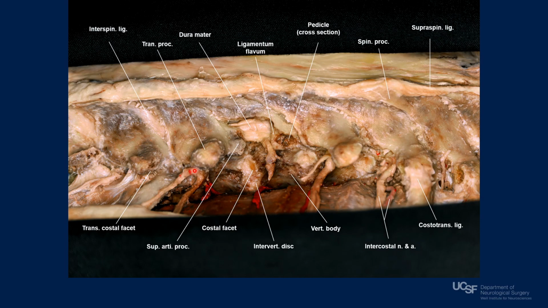We see that the nerve root has dorsal and ventral rami, and that the dorsal rami is going to travel over the superior edge of the rib. Anteriorly, we see the costal demi-facet, and we also see the interbody space with the intervertebral disc. We can identify the bodies, and anterior to that, we can also identify the pleura.